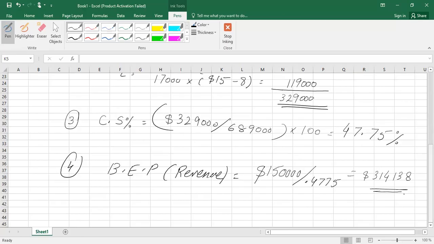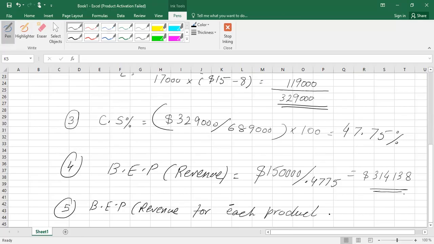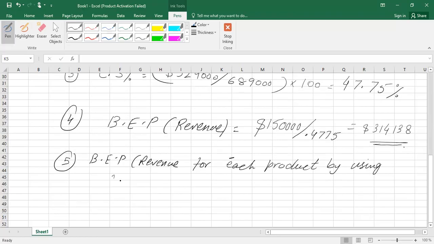Now I want to calculate break-even point revenue for each product by using sales proportion, sales units proportion.